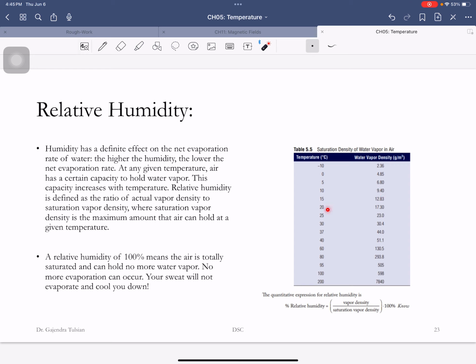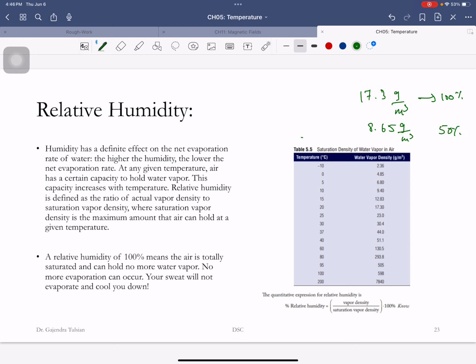So at 20 degrees Celsius, for every meter cube of air, the atmosphere can hold 17.3 grams of water vapor. So when 17.3 grams of water vapor are there for every meter cube, this corresponds to 100% humidity. And so if there's half as much, 8.65 grams per meter cube, that means the humidity is 50%.